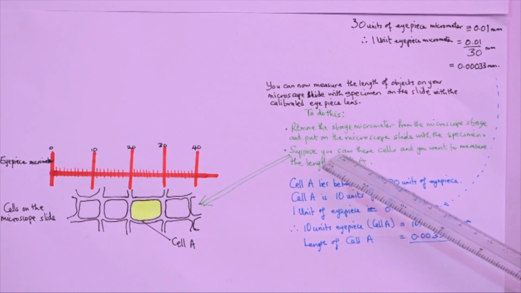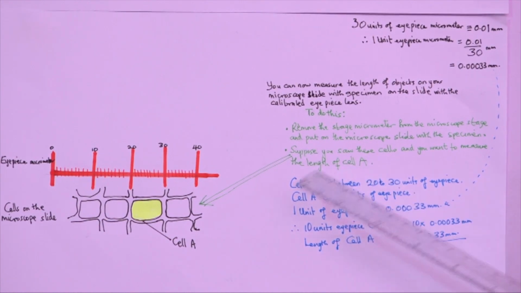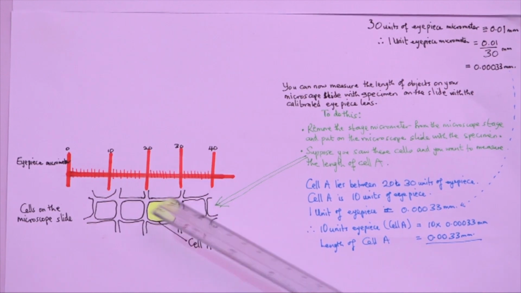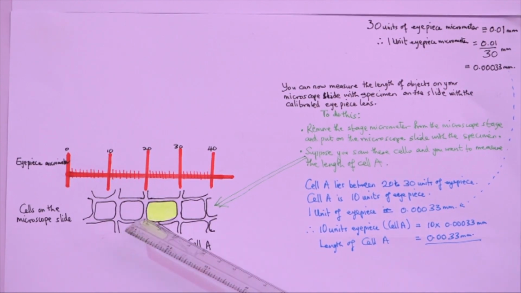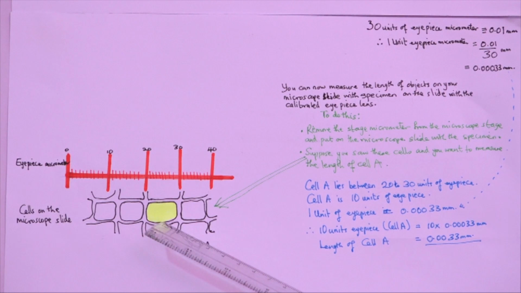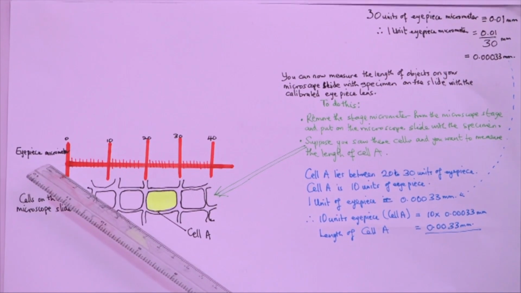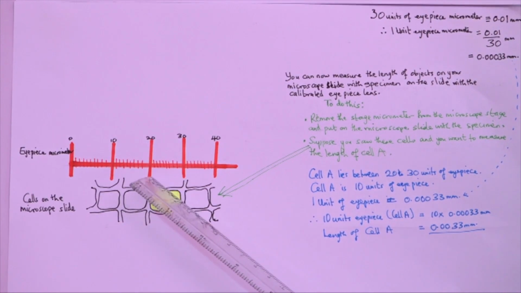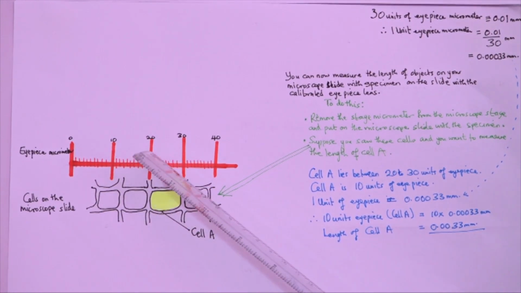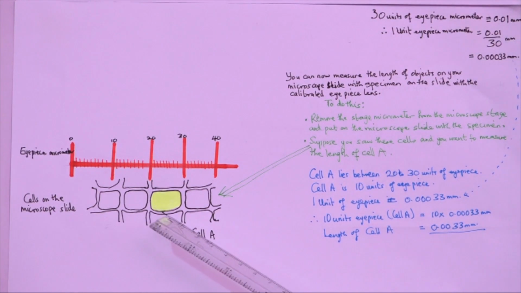If the specimen shows these cells and we want to measure the length of cell A, the eyepiece micrometer shows that cell A lies between 20 and 30 units.